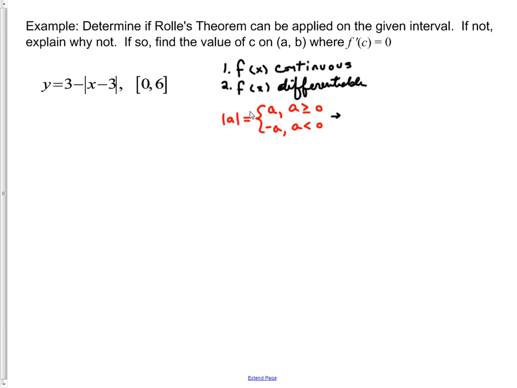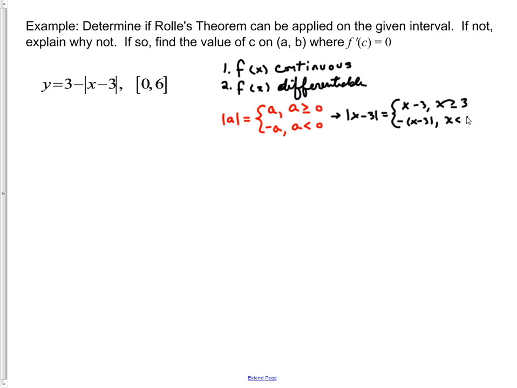So the absolute value of x minus 3 is the same thing as saying x minus 3 itself whenever x is greater than or equal to 3, and it's equal to its opposite, the negative of x minus 3, whenever x is less than 3.